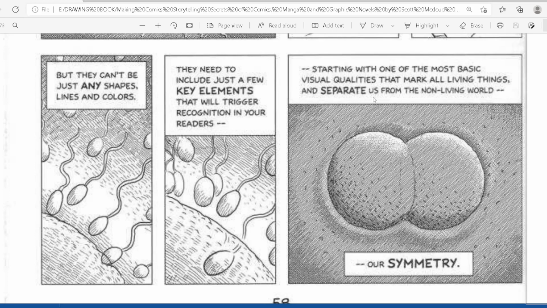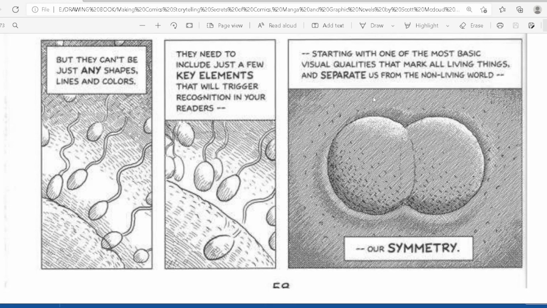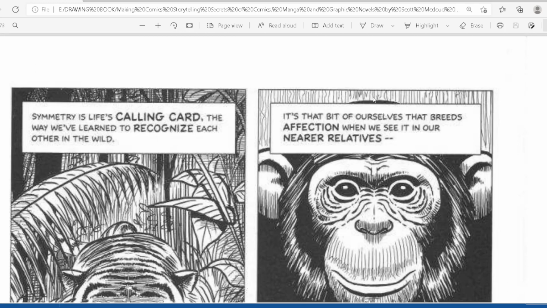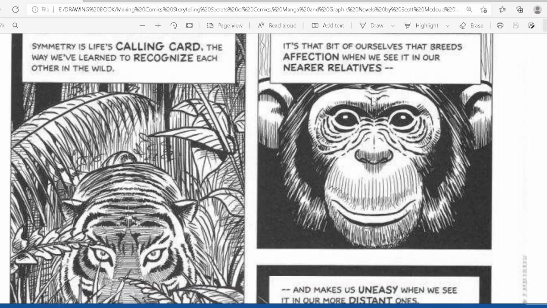Our symmetry. Symmetry is life's calling card, the way we have learned to recognize each other in the wild.